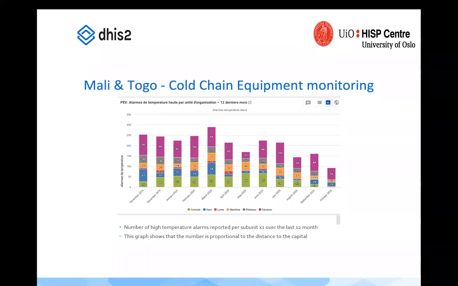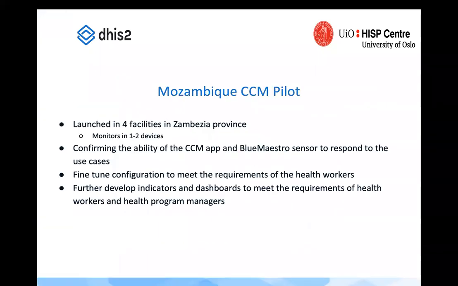So if we then go to the way forward in the first slide there, we're running right now a pilot in Mozambique and Zambezia province, where we're in 4 facilities with a few devices in each one, just to confirm the ability of this custom app and this sensor to work together and meet the user requirements.